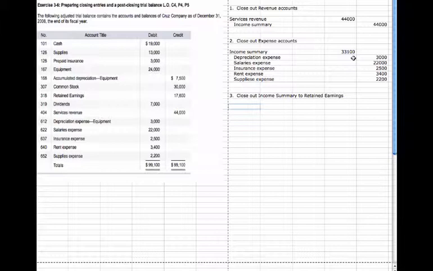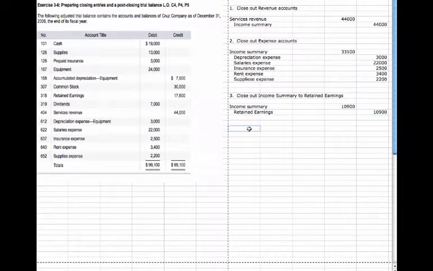So I'm going to debit income summary for the difference between the 44,000 and the 33,100. So I get 10,900. My balancing amount goes into retained earnings, as it asks here to do. 10,900. So now I've updated retained earnings by 10,900.